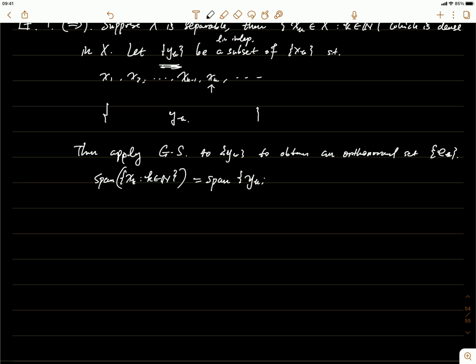Because the yk is essentially just taking all the linearly independent ones, removing all these redundant ones. And also the ek's are constructed by the Gram-Schmidt orthogonalization from yk, so this is also equal to the span of the ek's.